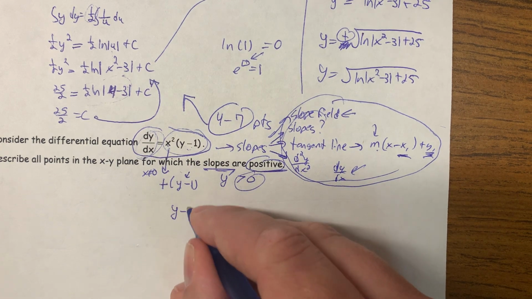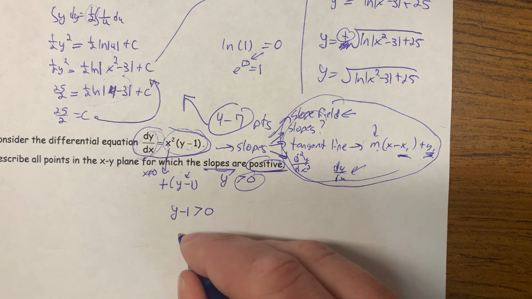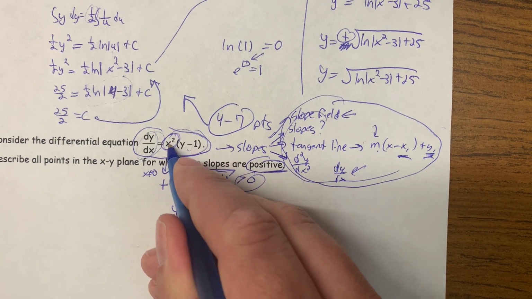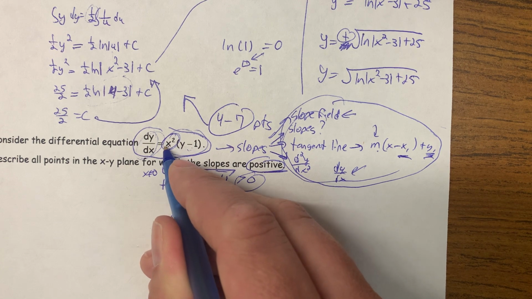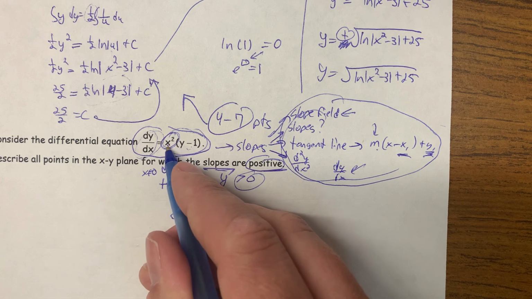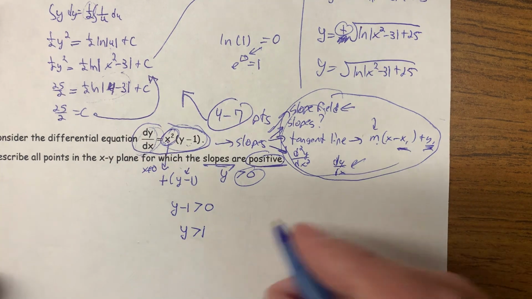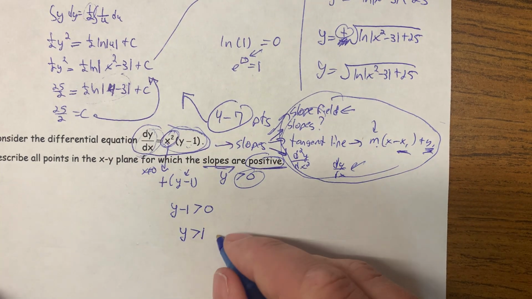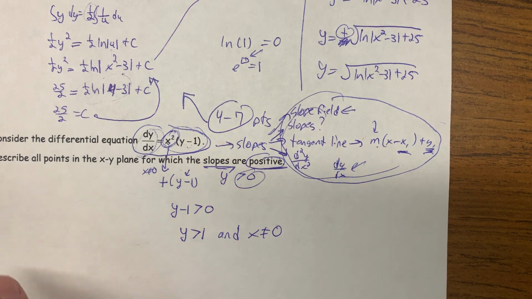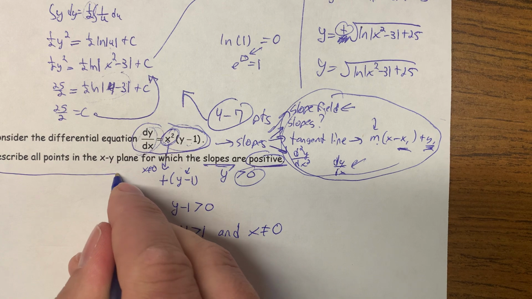And so it's when y minus 1 is greater than 0. So when y is greater than 1, and remember, x couldn't be 0, so x squared will be positive. A negative times a negative is a positive, and a positive times a positive is a positive. But if x is 0, 0 times anything would be 0, and that wouldn't be positive. So y is greater than 1 and x doesn't equal 0. So we're describing all the points.